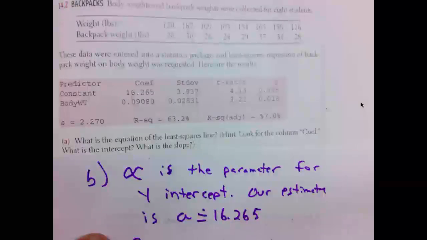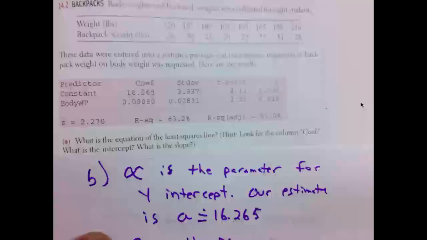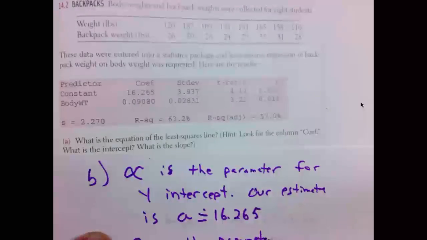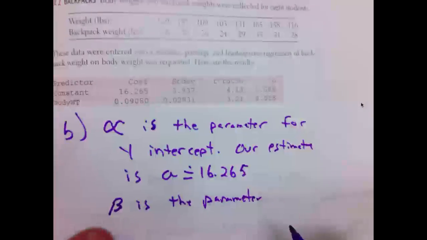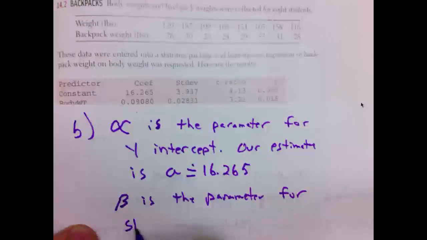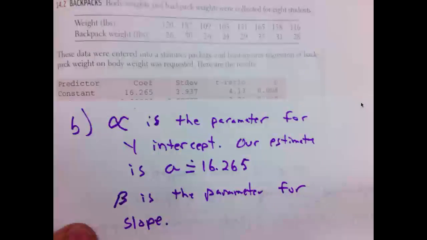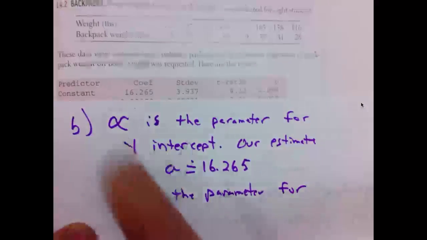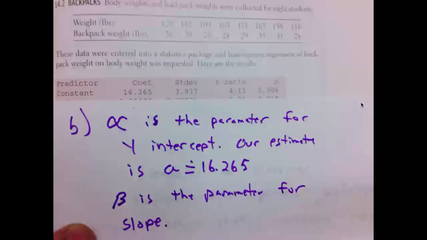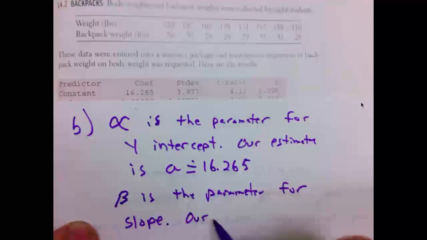Likewise, beta is the parameter for slope. And in this chapter, slope is our big deal. Slope is what we will be doing inference on. We don't want to do inference on our y-intercept.